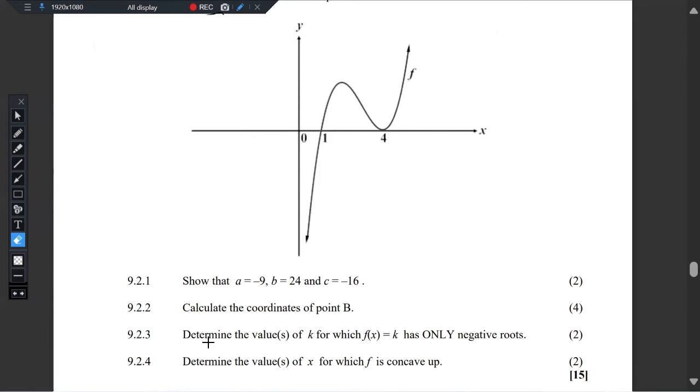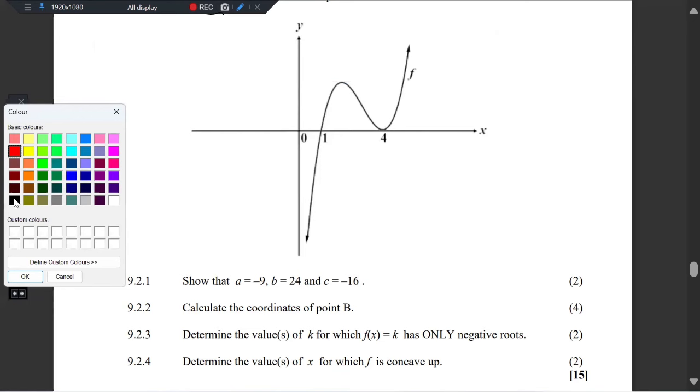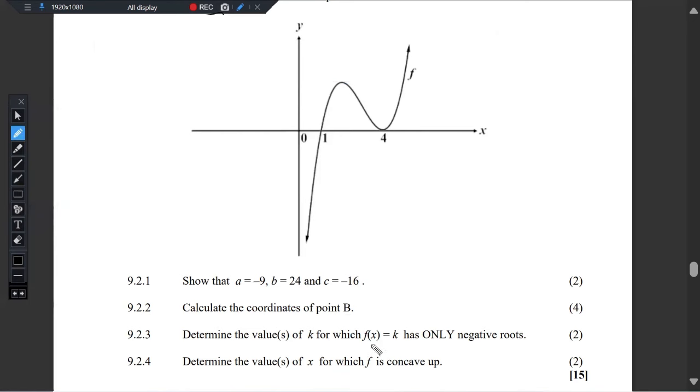Okay, then they say 9.2.3, determine the values of k for which f of x equals k has only negative roots. Now, let's look at this question. Okay, so remember we have our equation for f of x is x cubed minus 9x squared plus 24x minus 16. Then they say this should be equal to k.